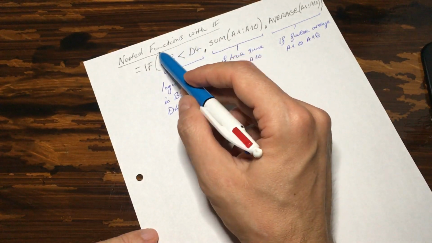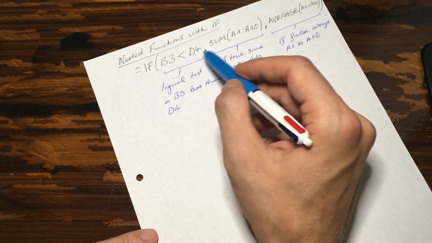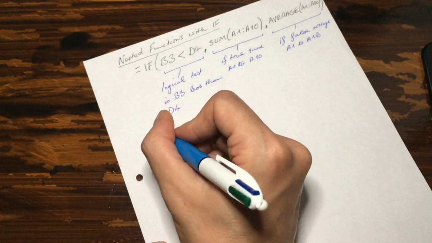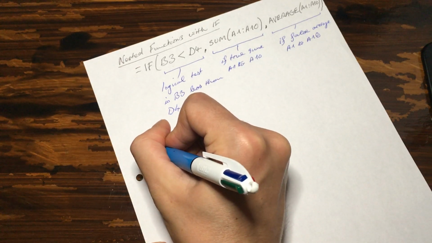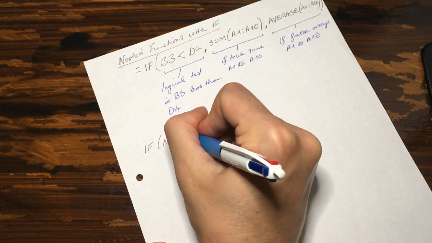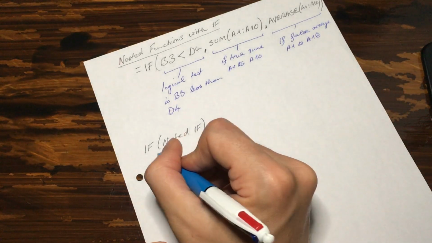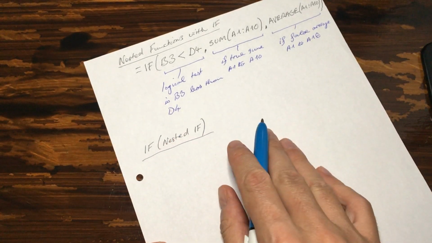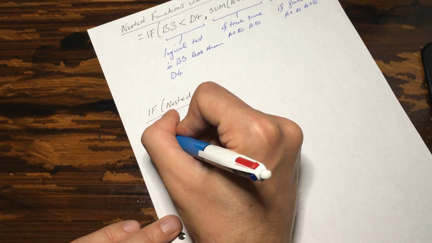Okay, so this is nested functions with if, but we have an even longer one that you can do. So if, we'll say nested if, so this is an if with another if in it. It sounds a little bit funny, but let's have a look at how it works.